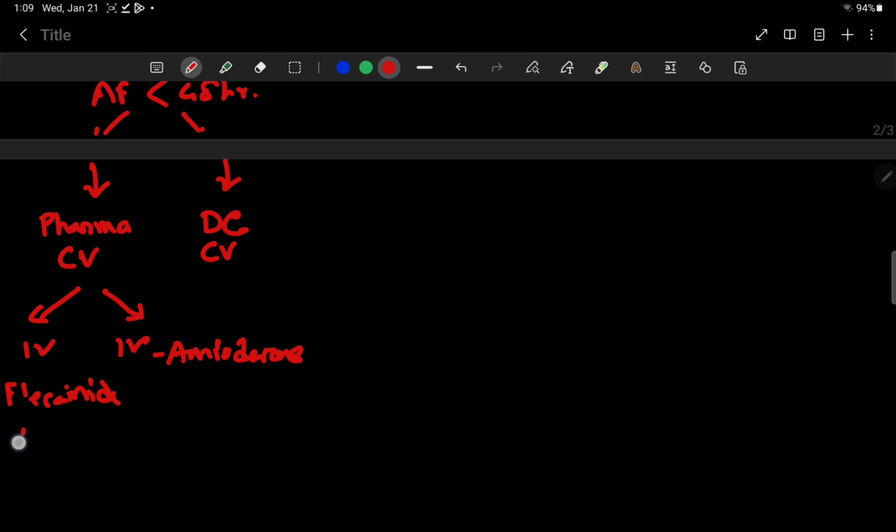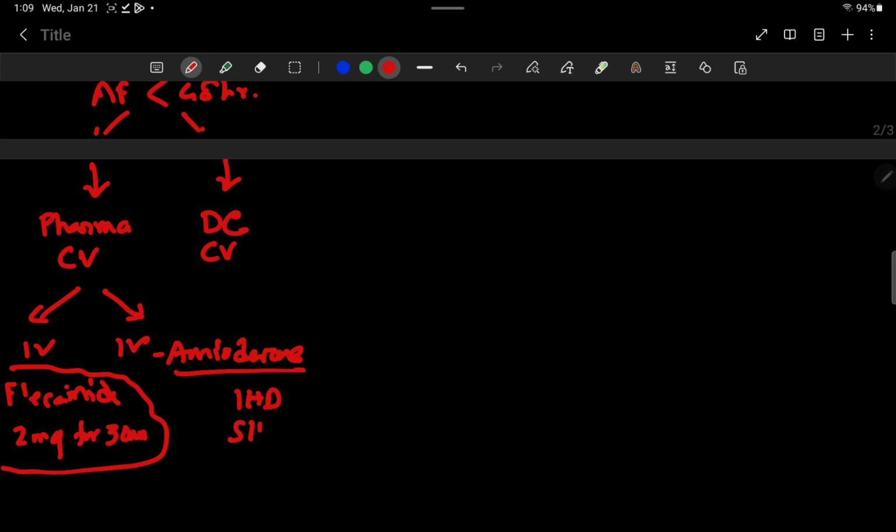It can be given 2 milligram IV for 30 minutes. You can go up to 150 milligram highest, but flecainide is not a good drug if the patient has structural heart disease. If the patient has ischemic heart disease or any structural heart disease, the good option is giving amiodarone, as I have also mentioned before.